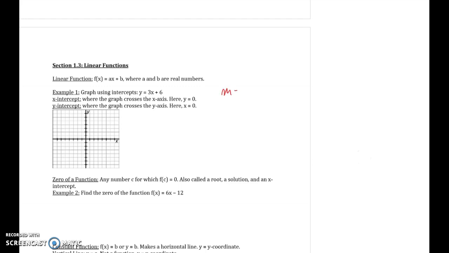So m equals 3, which means I will have to go up 3 and right 1 from the y-intercept. I know that the y-intercept is when x equals 0. In that case, when x equals 0, I got y equals 6. So from this point, 1, 2, 3, 4, 5, 6, I need to go up 3 and right 1. And now I can graph my line.